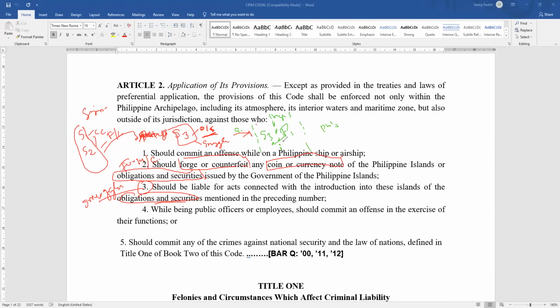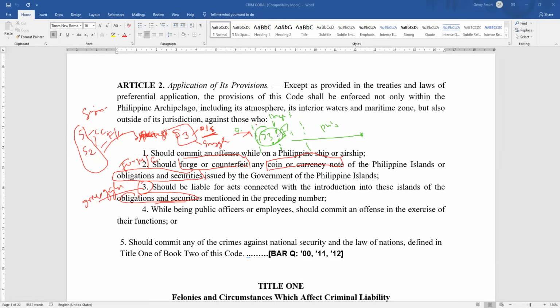So, sa bangka, nagkita sila, dinala niya sa Pilipinas. Now, itong si T1, sabi niya, teka muna, you have no jurisdiction to try me in the Philippines because I never entered the Philippine territory. Our transaction took place in the high seas. Is that tenable or not?